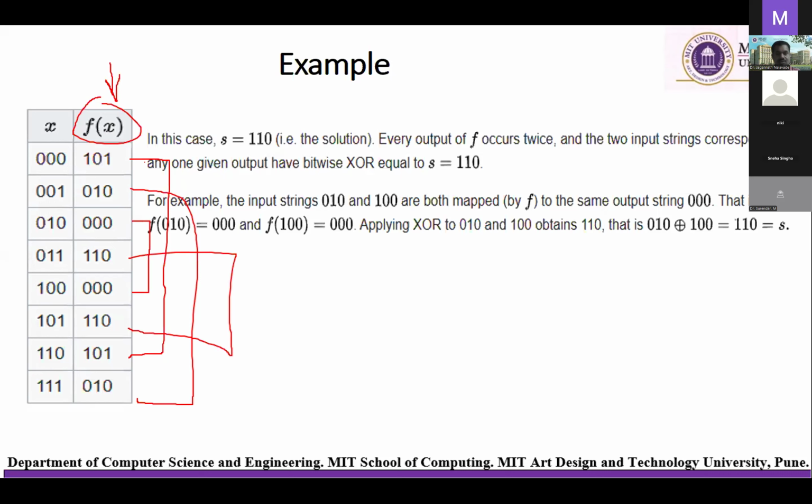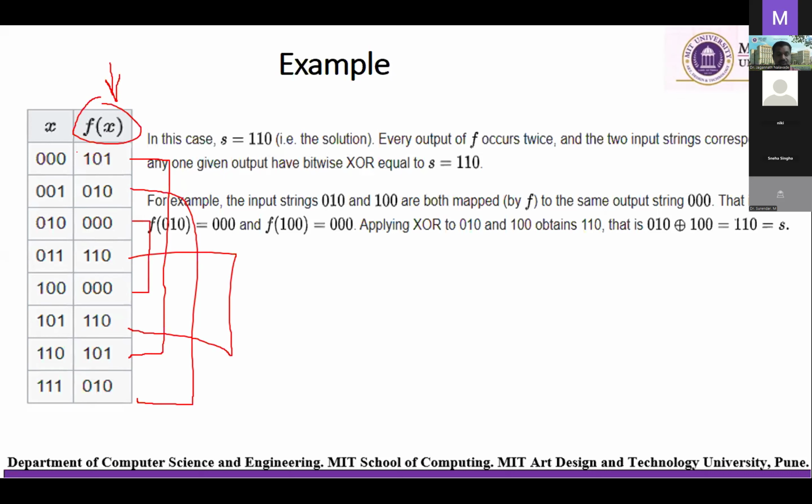So if we consider any pair, we can conclude that for two different x values, like 000 and 110, the f of x value is 101.